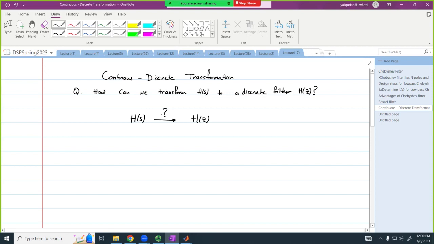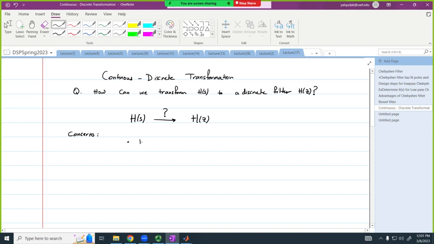Now, if we look at this transformation, what are the things that we need to do in order to do this transformation and ensure the integrity of the filter that we're going to build? Okay, I'll give you one, and then you guys give me.